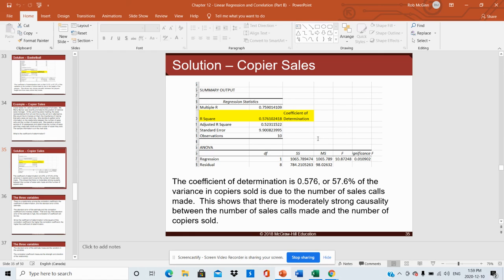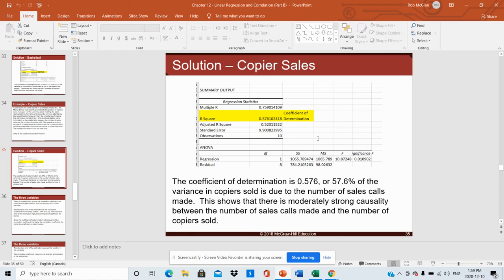So this shows that there's a moderately strong causality between the number of sales calls made and the number of copiers sold. In other words, there are other factors that go into the number of copiers sold, but 57.6% of the number of copiers sold is dependent on the number of sales calls made. So it's still fairly strong.